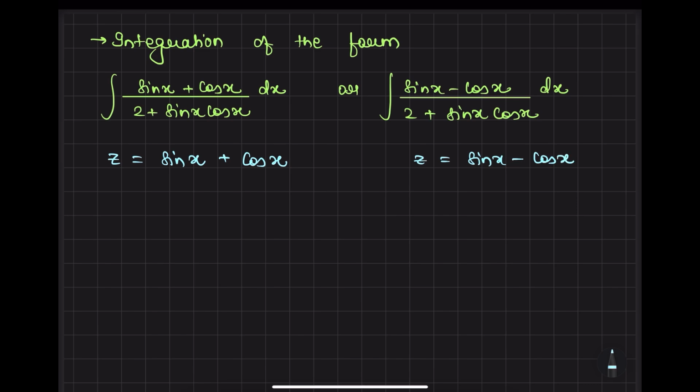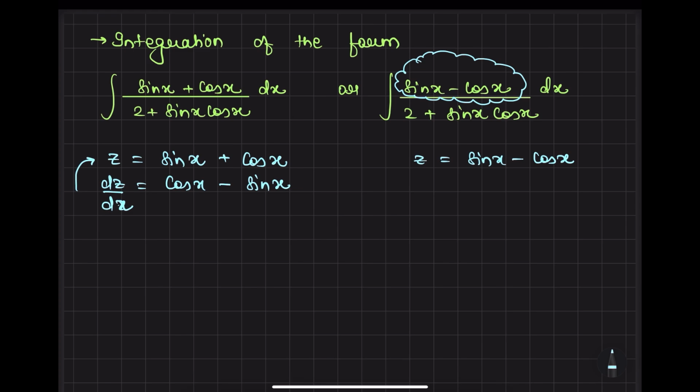Now suppose that you have taken z as sin x plus cos x. So what will be the differentiation? dz by dx will become cos x minus sin x. So if there is a chance that you can create cos x minus sin x, then you will be taking z as sin x plus cos x.